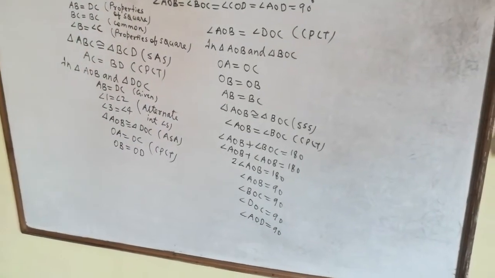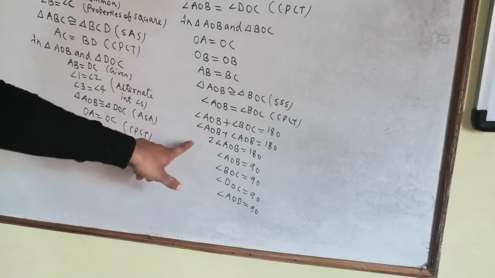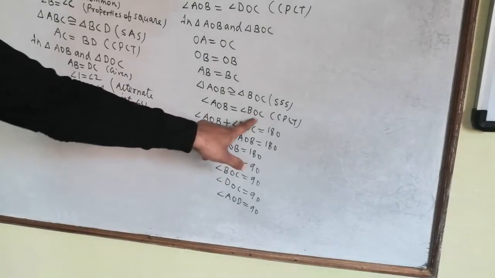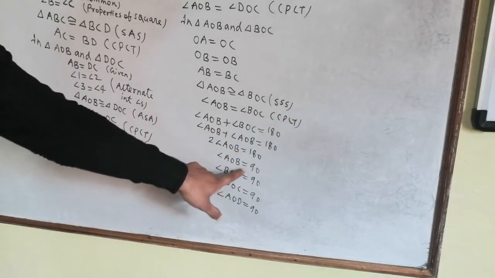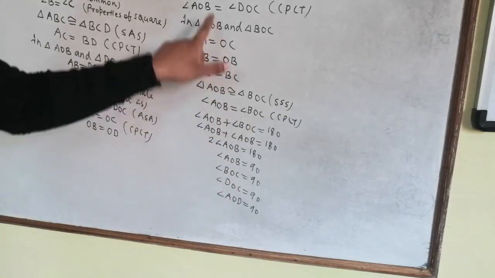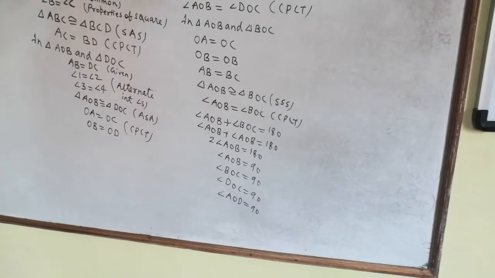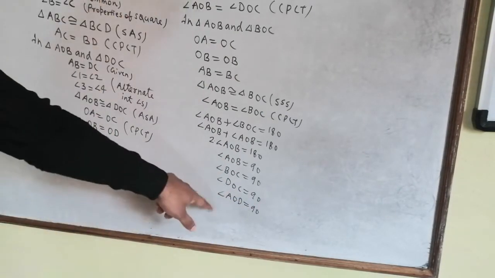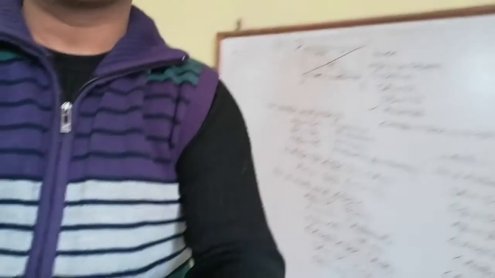AOB is equal to DOC, so DOC will also be 90 degrees. BOC and AOD are vertically opposite angles, so AOD will also be 90 degrees. So all angles become 90 degrees. So this completes the solution.